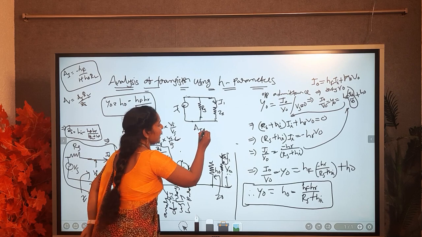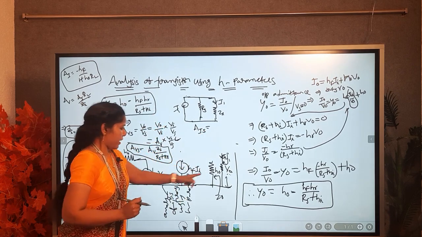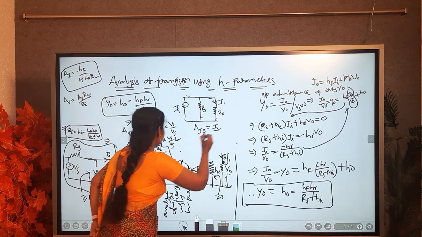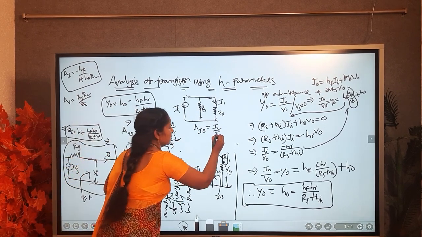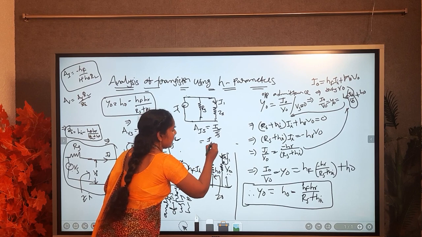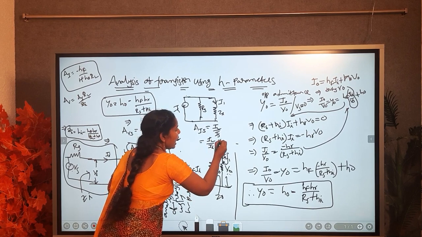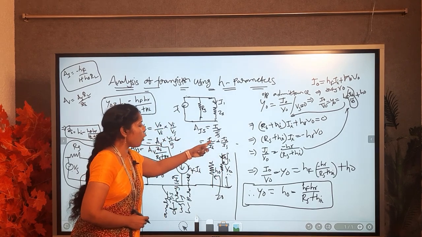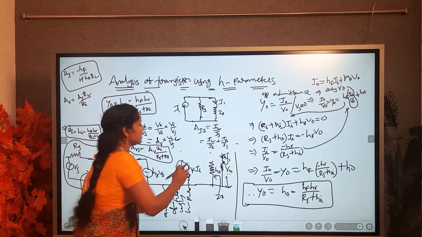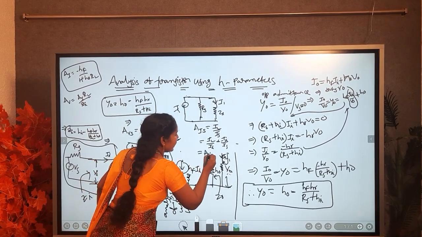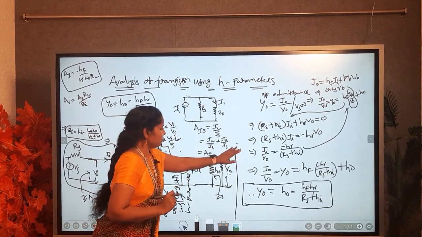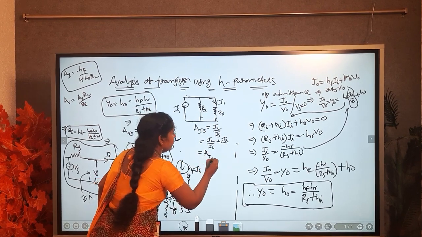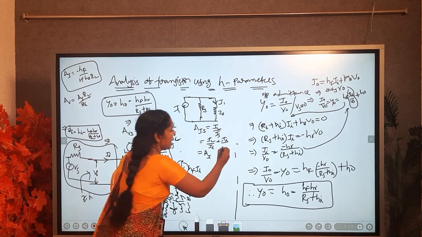So overall current gain AIS equals IL by IS. This can be taken as IL by II into II by IS. IL by II, the output current by input current, is AI, into II by IS.